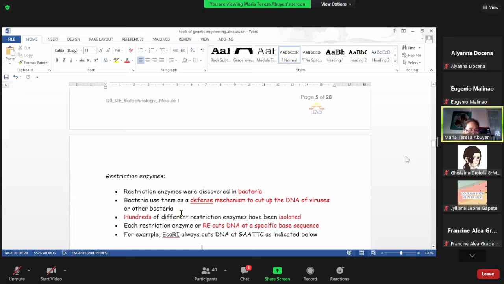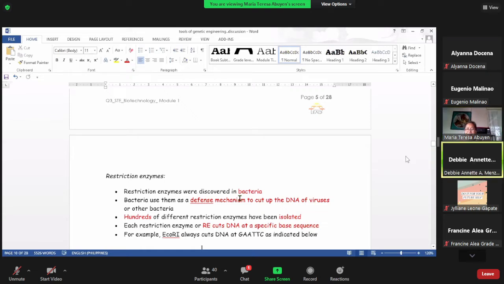Defense mechanism. So, let's say, for example, the bacteriophage. You know what a bacteriophage is? Is it a bacterium or a virus? Bacteriophage. Is it a bacterium or a virus?